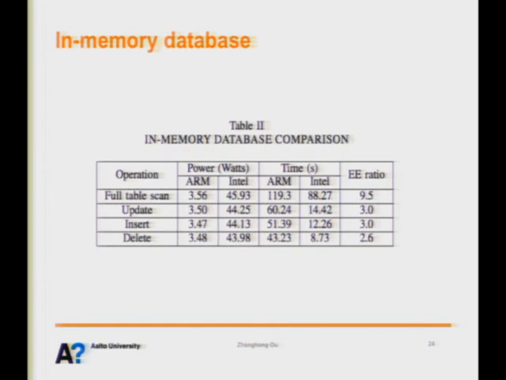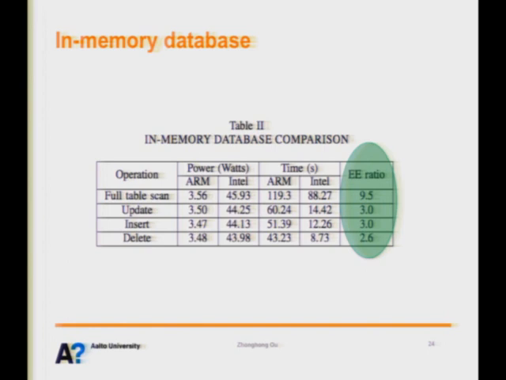So here are the in-memory databases and network tools for the performance comparison. Probably you will not want to see the power and the times, but for the energy efficiency ratios, for the full table scan, the difference is around 9.5 times.